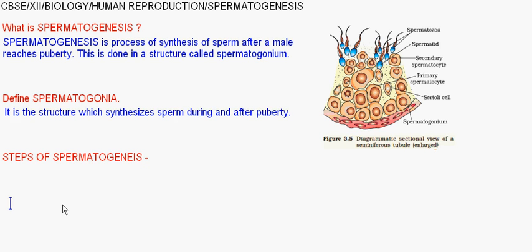Firstly, spermatogonium gives rise to many spermatogonia. Then next, primary spermatocytes.